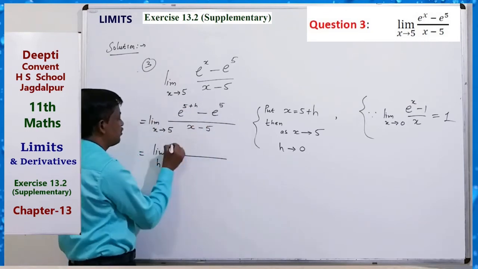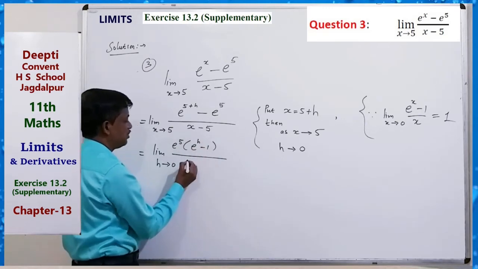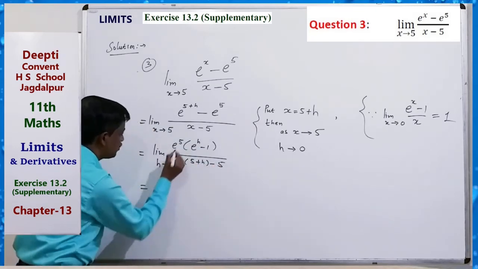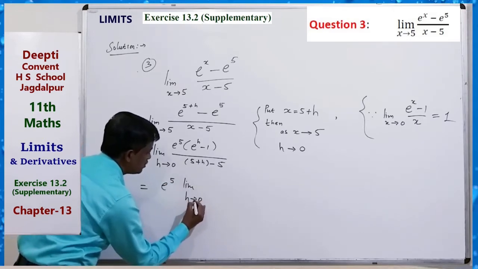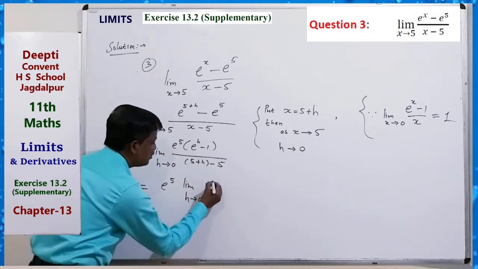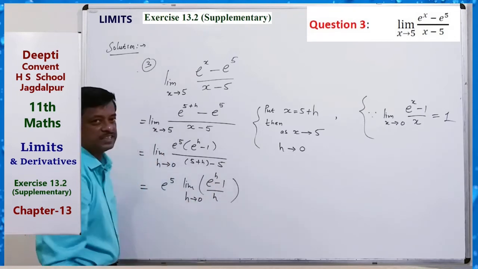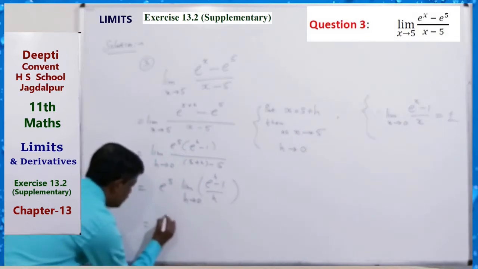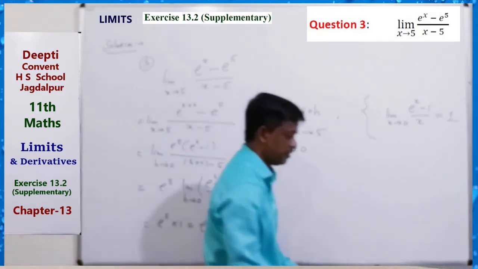Now here e to the power 5 can be taken common: e to the power h minus 1 upon 5 plus h minus 5. So we get e to the power 5 constant times limit h tending to 0 of (e to the power h minus 1) upon h. This is the same as the formula, so this equals 1. E to the power 5 into 1 equals e to the power 5. So this is the answer.